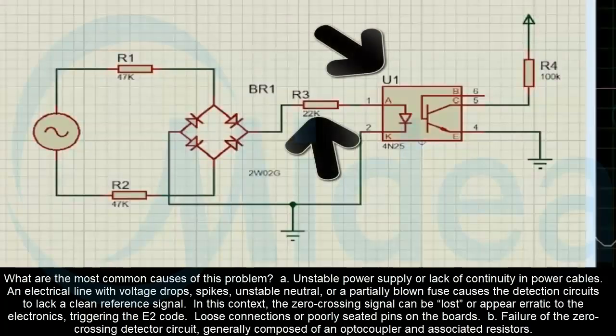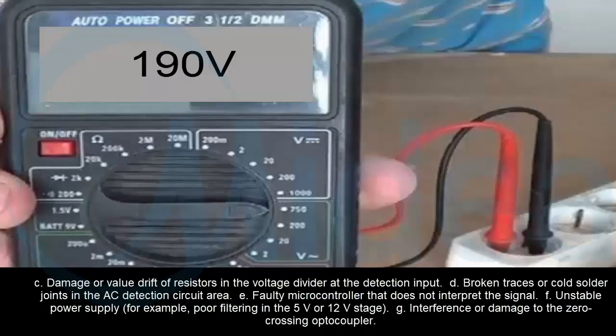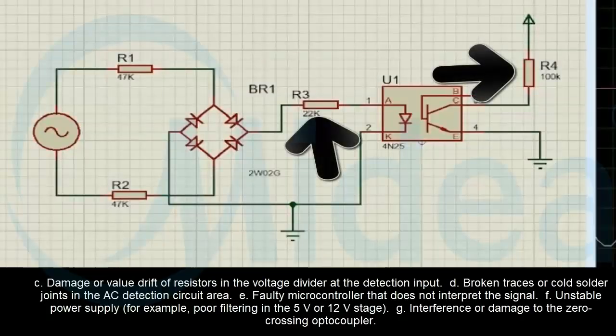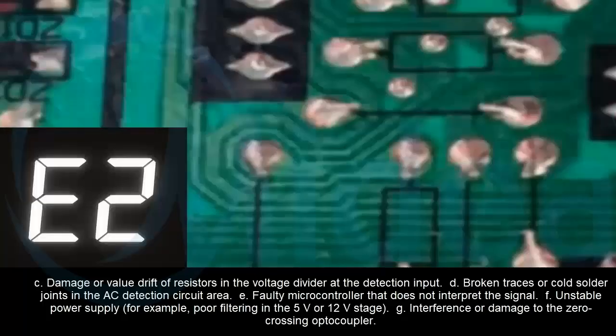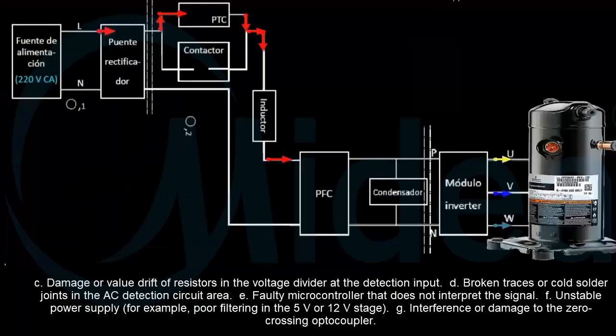B. Failure of the zero crossing detector circuit, generally composed of an optocoupler and associated resistors. C. Damage or value drift of resistors in the voltage divider at the detection input. D. Broken traces or cold solder joints in the AC detection circuit area. E. Faulty microcontroller that does not interpret the signal.